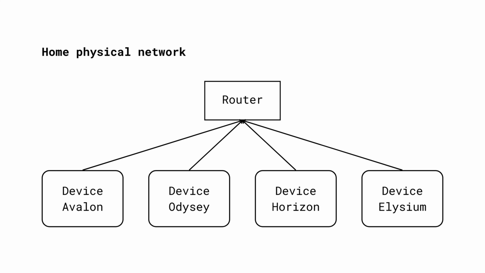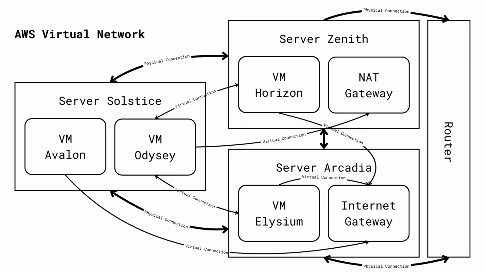In the physical world, we have a Wi-Fi router at home, and this router lets us connect to the internet. Our device is connected to this router, and we have the private network. But in the virtual world, we have this internet gateway, which is basically software that is running, and our virtual operating system is connected to this software, creating virtual networks.